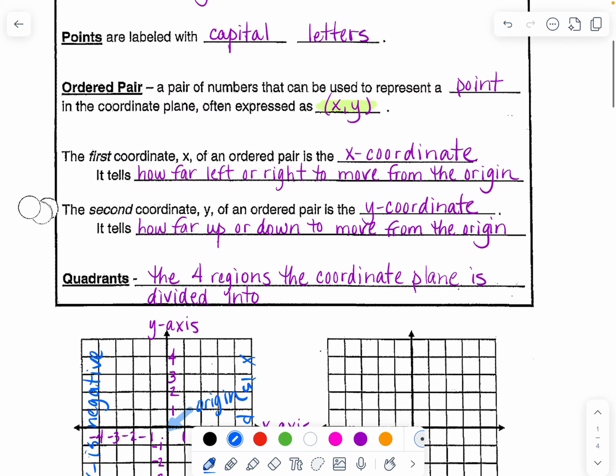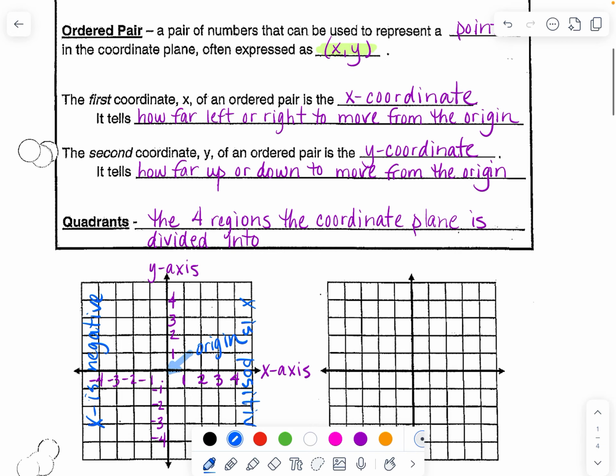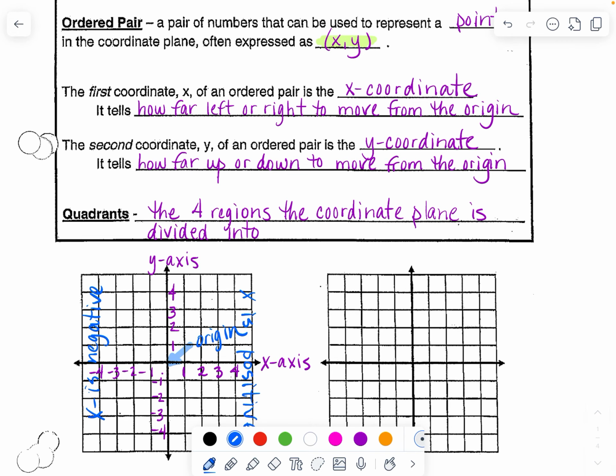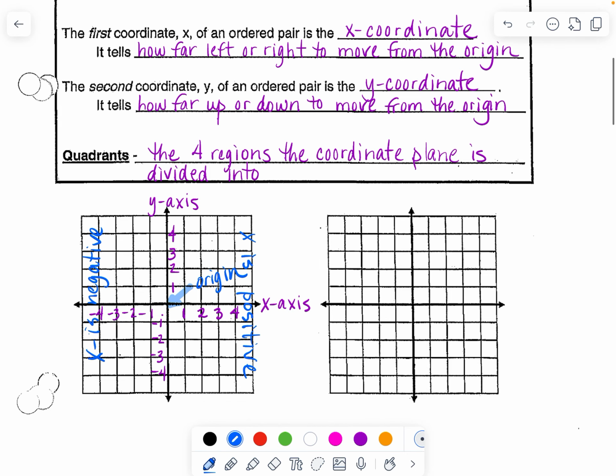Now you could probably guess that your y-coordinate is simply the second number in the parenthesis, and it tells you not left or right, but it tells you how far up or down to move from the origin. So if you start at the origin and you move up, you would be in the positive y territory. So your y values would be positive.